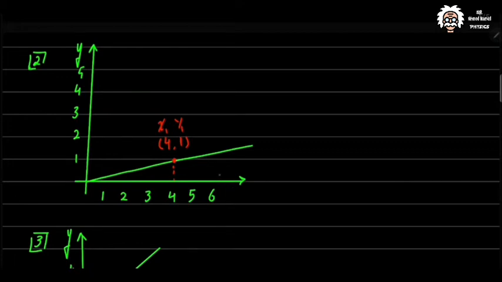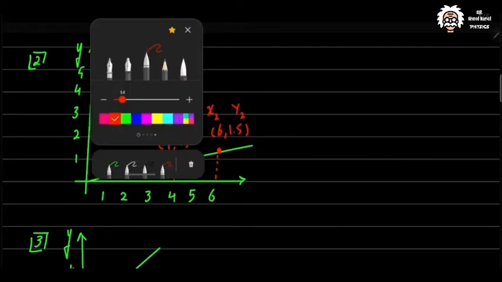We can choose this point. Its x is 6 and its y number is approximately 1.5, and this is the second point, so we can call its x number x2 and its y number y2, and then we can substitute in the equation of the slope.